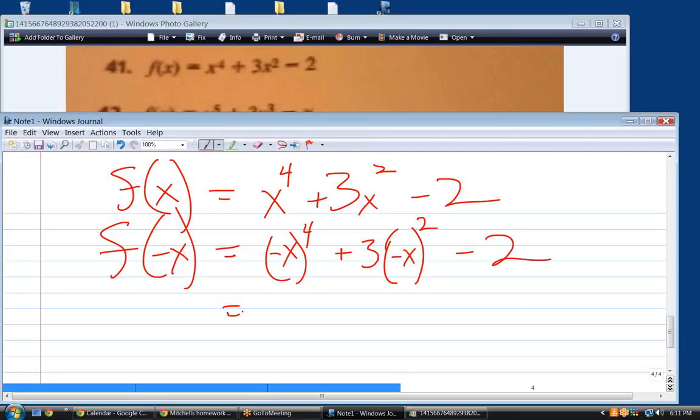Okay. Simplify. x to the fourth plus 3x squared minus 2. What is that relative to our original function? It's the same, so f of x.